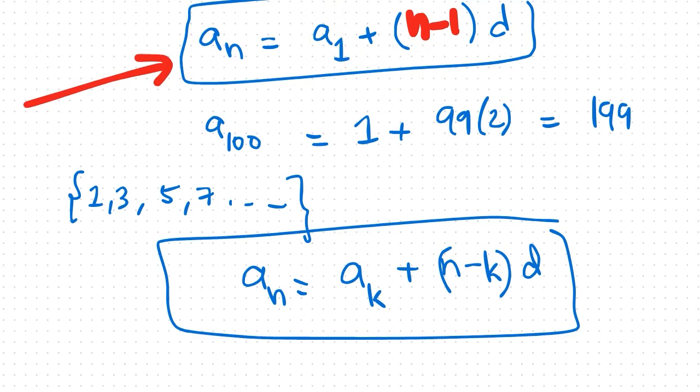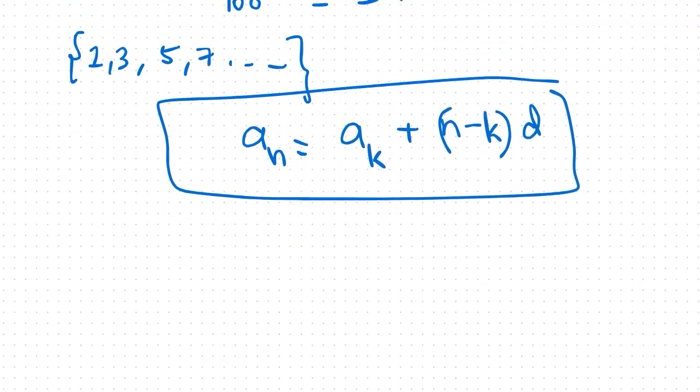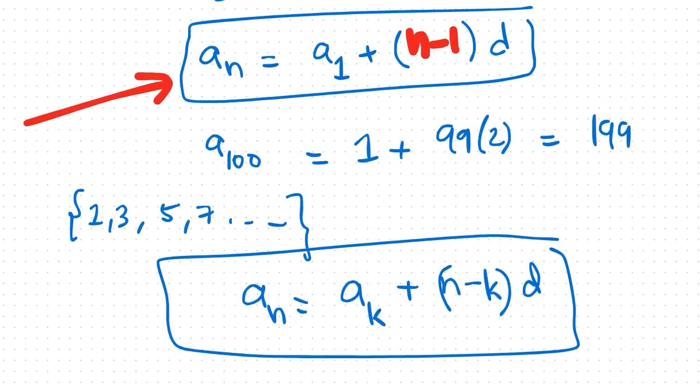But what if you start from the kth term? Then it will be n minus k into d. If k is equal to 1, it becomes the same formula, n minus 1 into d. So these two formulas are important.